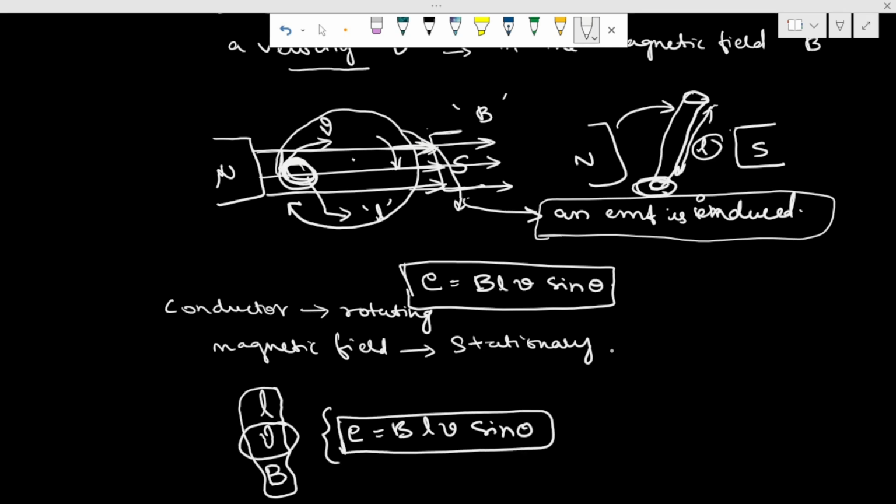The velocity V, with which it is rotating, is mechanical energy. The induced EMF E gives us current when it is induced, so this is the electrical energy. This is also one way to justify how the electric generator converts mechanical energy into electrical energy.